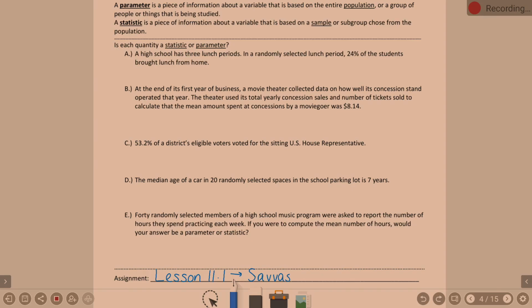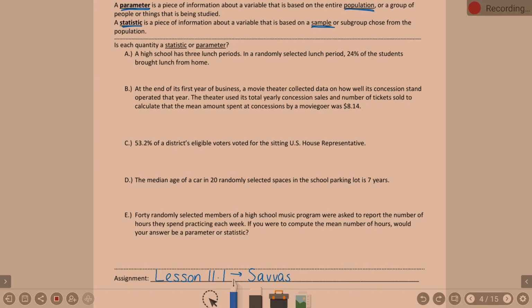So a parameter is a piece of information about a variable that is based on the entire population, or a group of people or things that is being studied. So a parameter is a piece of information, generally a number, that describes the population. Whereas a statistic is a piece of information about a variable that is based on a sample or subgroup chosen from the population.